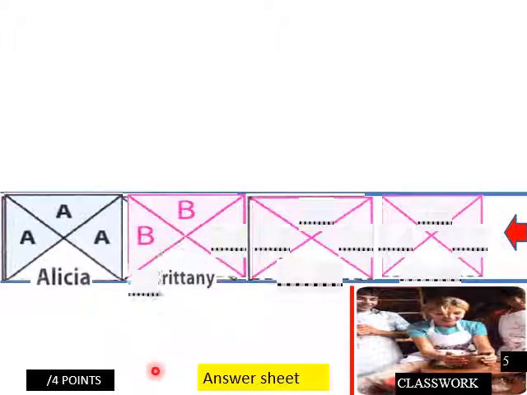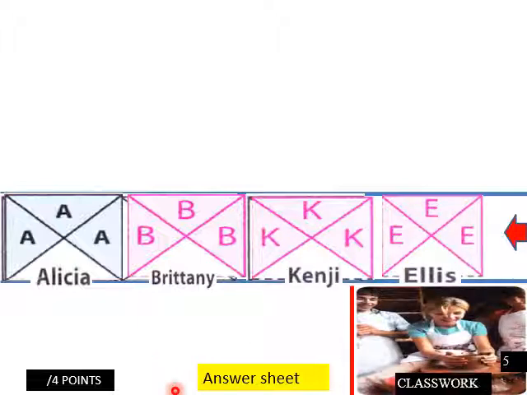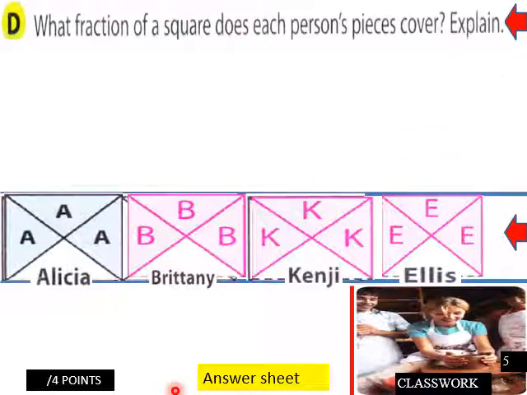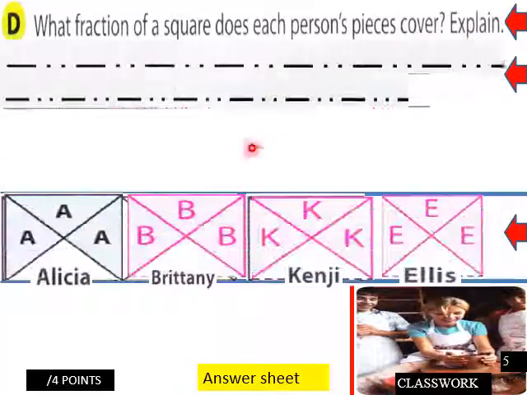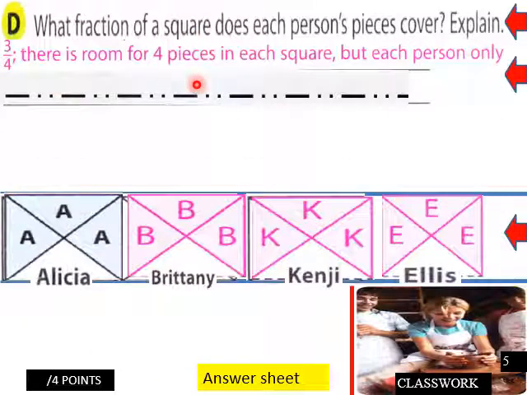Page 5 of classwork. So these are the fractions of blocks of clay that each student will get. What fraction of a square does each person's pieces cover? Explain. So here is the response and then the explanation. 3/4.